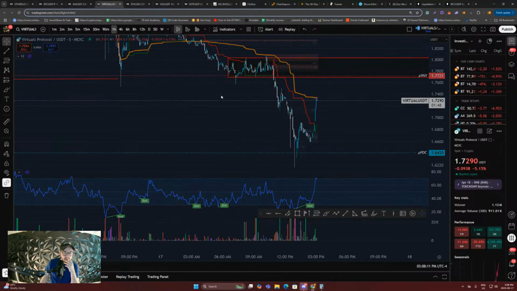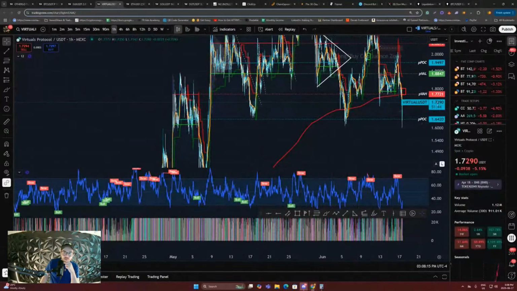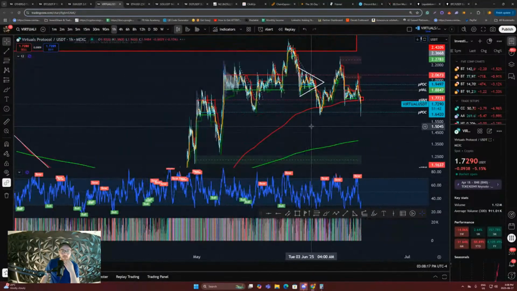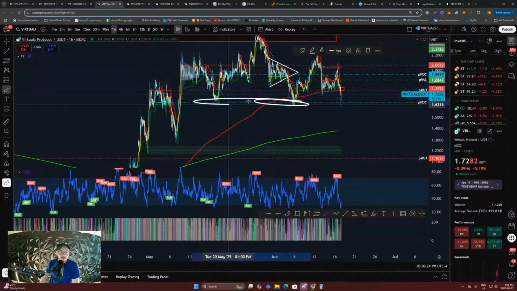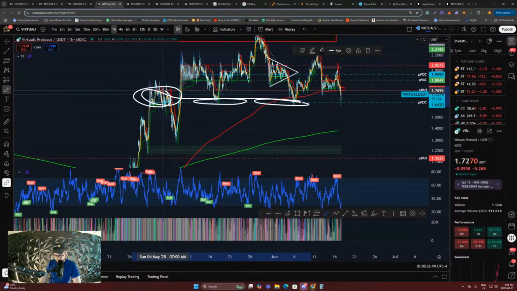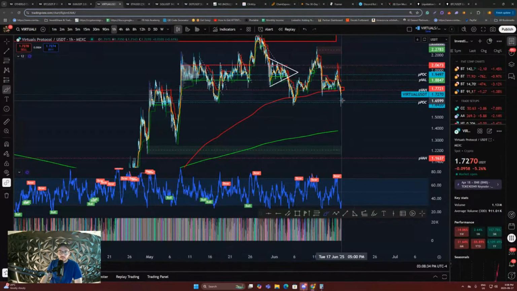So that's virtuals. Let me zoom out on virtuals a little bit because I want to accumulate more of this stuff. We're here. This is the demand zone, and this is the POC of it. It started off as a supply concern, became a point of interest for our range bound price action here, and now we're using its point of control as support.